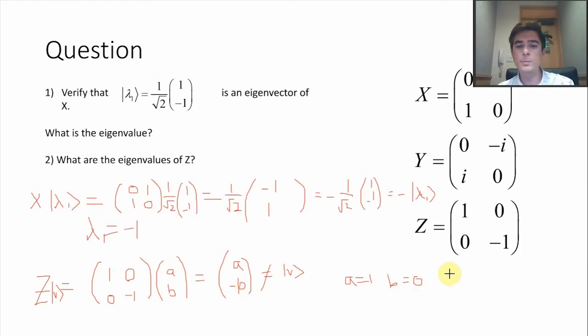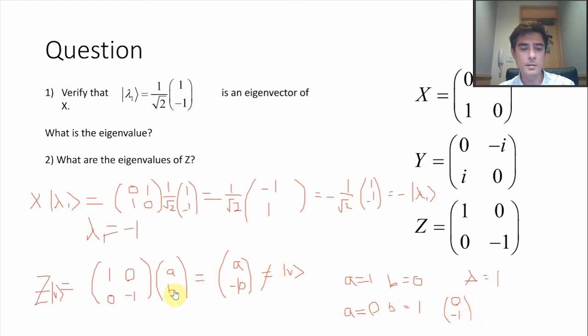So this is one example where it is an eigenvector when I choose those numbers, and the eigenvalue in this case is equal to 1, because I get exactly the same vector. Another example is when a is equal to 0 and b is equal to 1. In this case, the final vector I get is 0 and then minus 1.